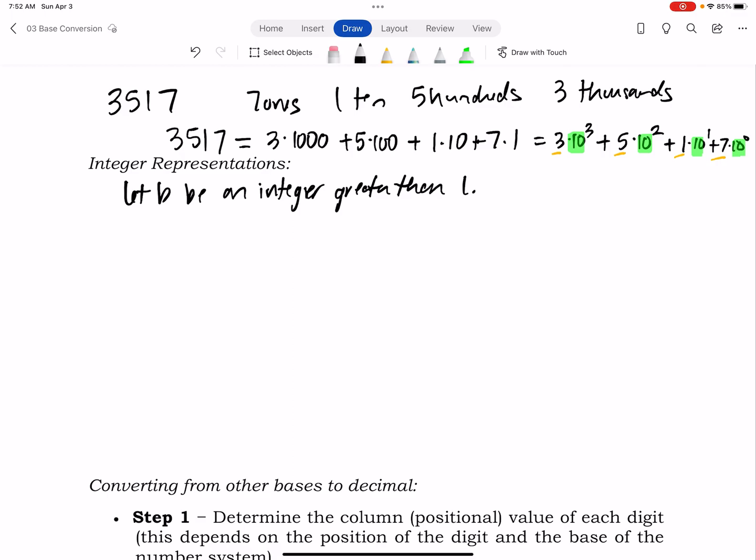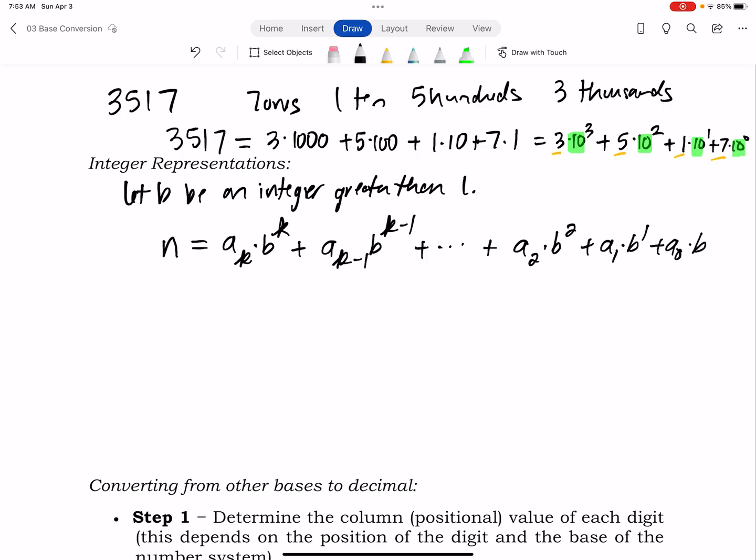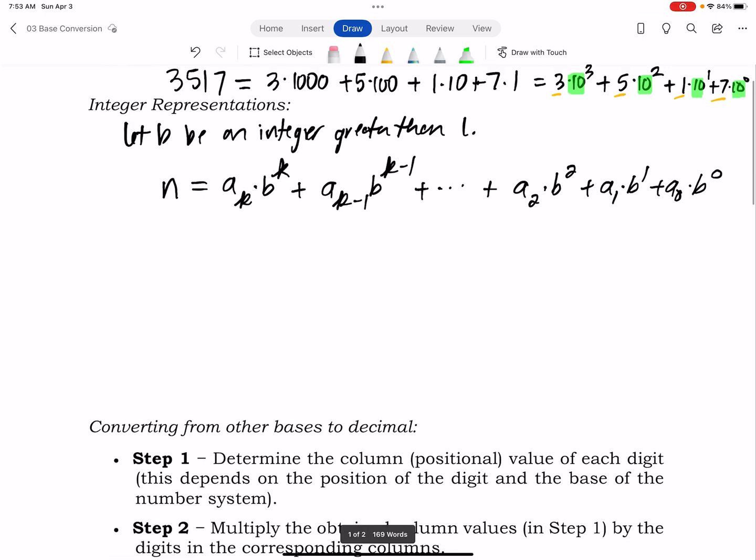Then I can write any number n as something times b to a power, and then a smaller power, and keep going until I write a 2 times b squared, a 1 times b to the 1, and a 0 times b to the 0. I could do that for any base. What we did before was a base 10 example, but I could use any base I wanted.